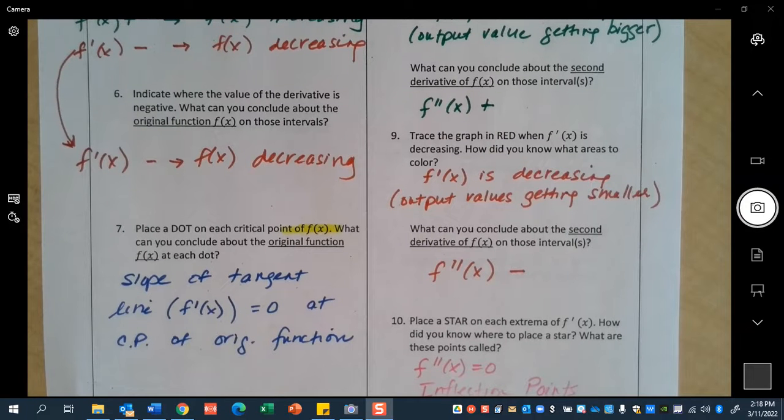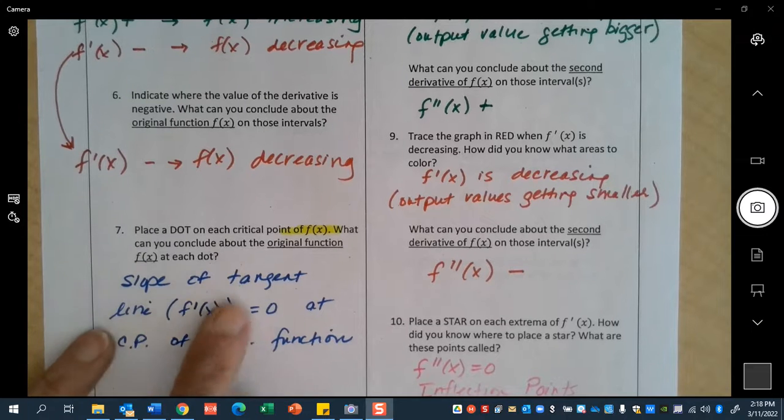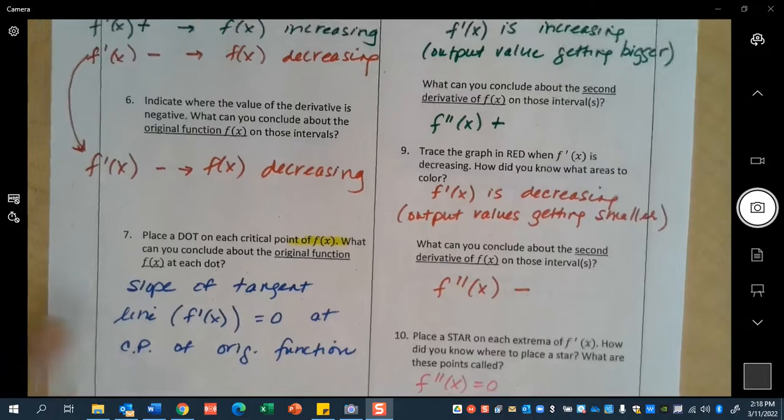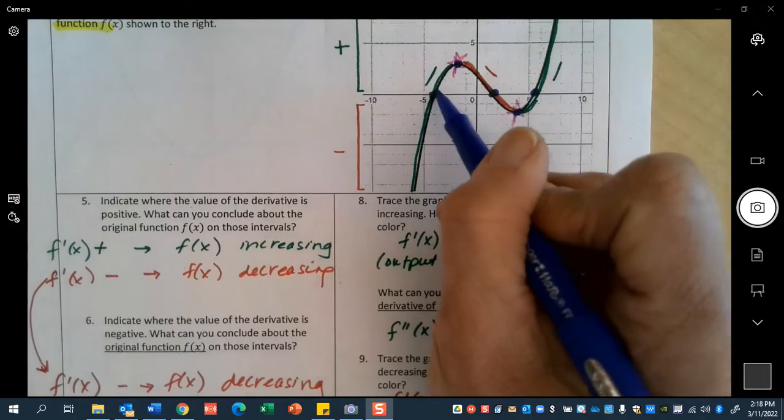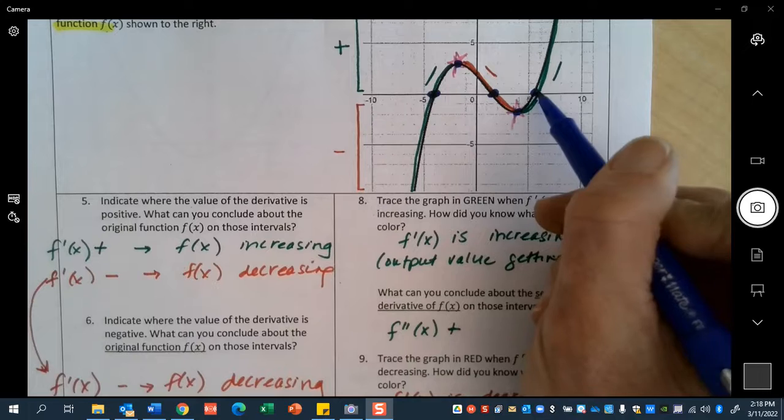messed up, and I tried to go back and fix it because the critical point of my original function is going to be where the slope of my tangent line, or my derivative, is equal to 0. And that's the critical point of the original function. That's going to be here, and here, and here.